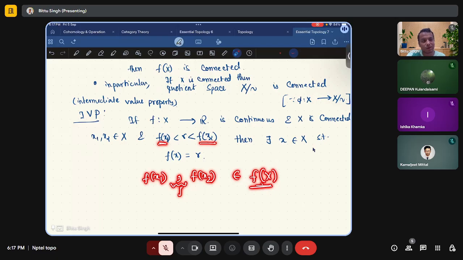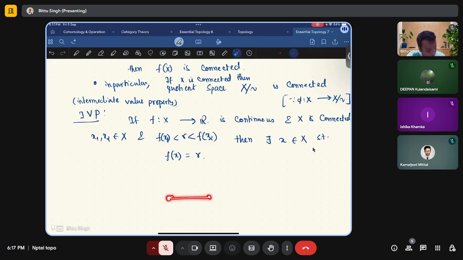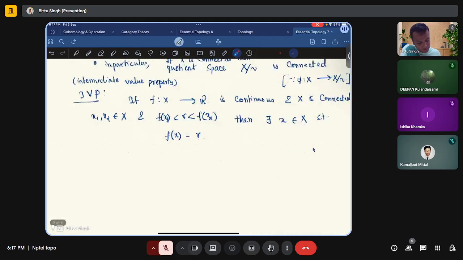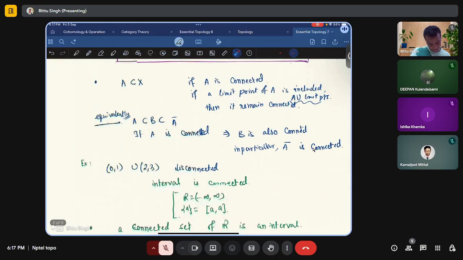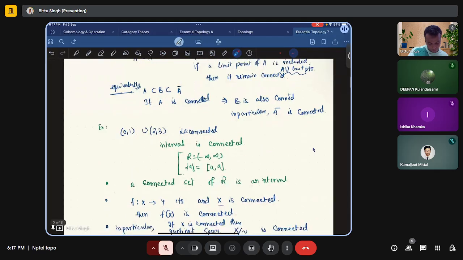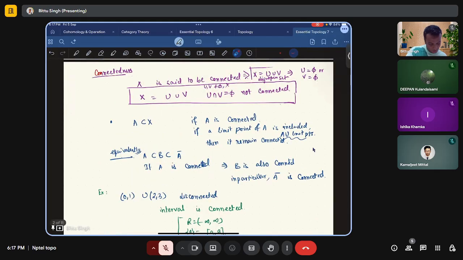So image set interval means any point between f(x1) and f(x2), all those points are already contained in f(X), right? So this is how we can see this property, but you can derive it independently. This is a very important property. So those are the important facts about connectedness.